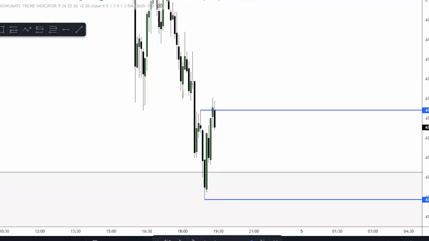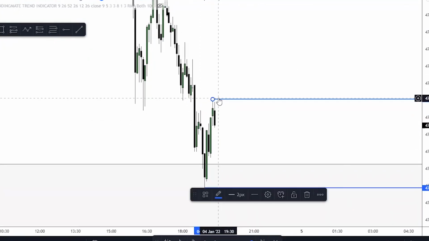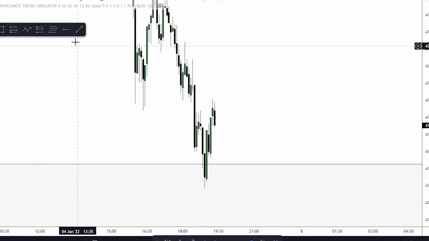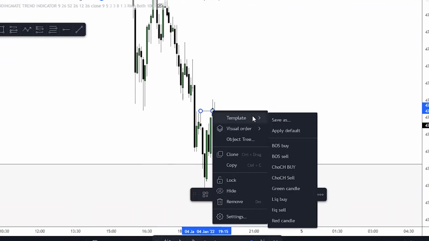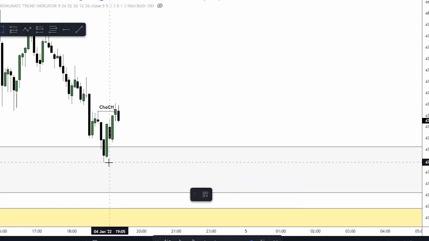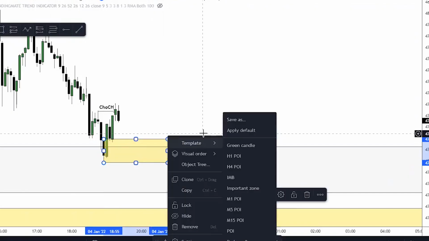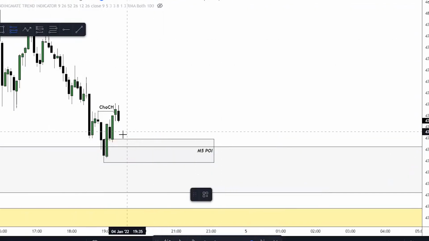Okay, so quite a decent one. I think not the impulsive break that I like, but I think I will choose this one right here as my entry.